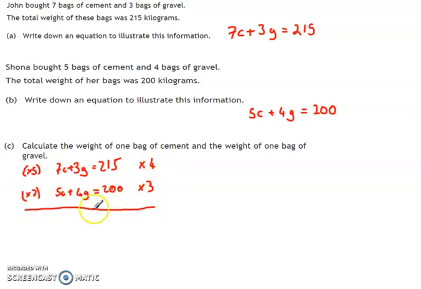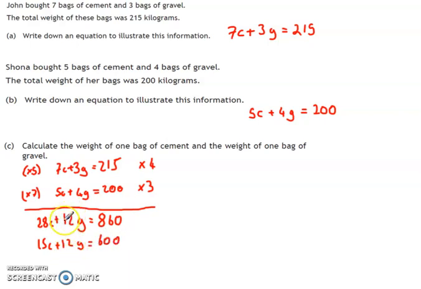So if I stick with getting rid of the G, multiply everything in this equation by 4, so I get 28C plus 12G equals 4 of these, so equals 860. Multiply this one by 3, I get 15C plus 12G equals 600.